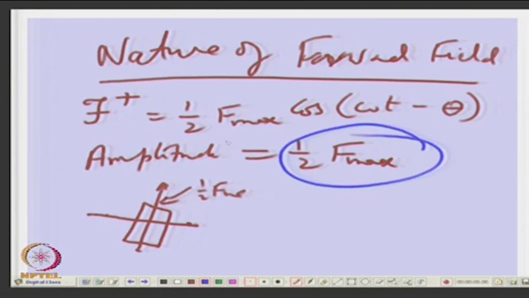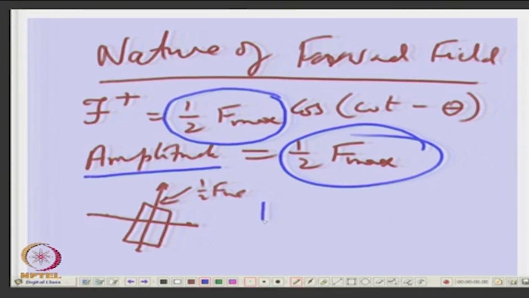Then what else do we have? So, we have its amplitude as half F max. Then what is the other thing? So, we have taken care of this. What does the other part indicate in physical terms? Frequency of rotation is what? Omega. So, the frequency of rotation is omega.